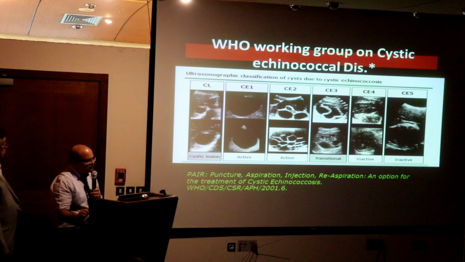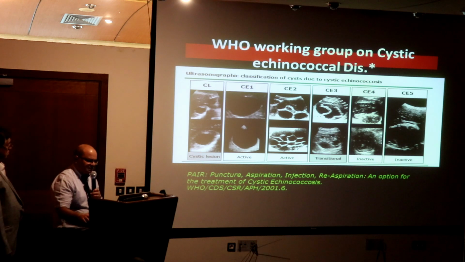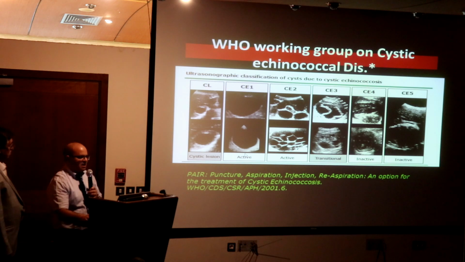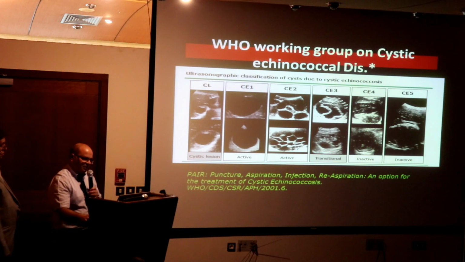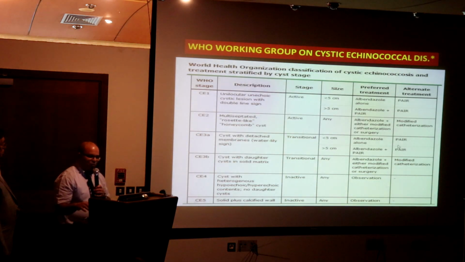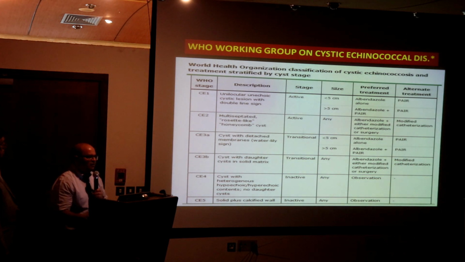The working group from WHO has classified the cyst ultrasonographically. There's a simple cyst, an active cyst with daughter cysts, and then a couple of transitional stages, and then when it's calcified, we believe it is inactive. And according to the classification, the advice for treatment follows accordingly.